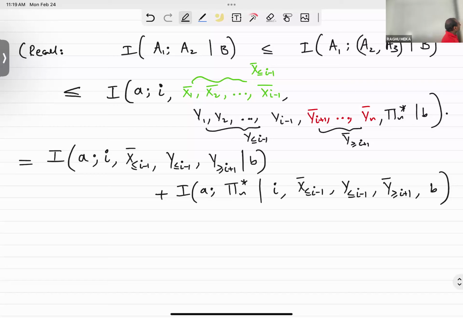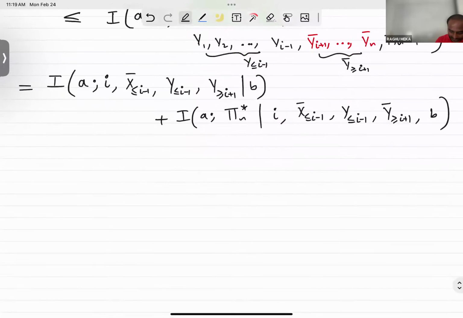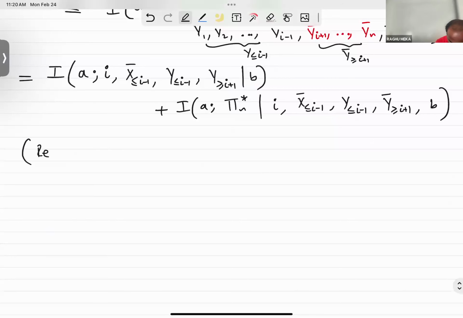All right. So this is chain rule, right? So I'm looking at the mutual information between A and these 2 groups of elements. There's this part, and then there's the protocol. I just broke it up as the first part plus the second part conditioned on the first part. So this is, recall, the chain rule for mutual information.